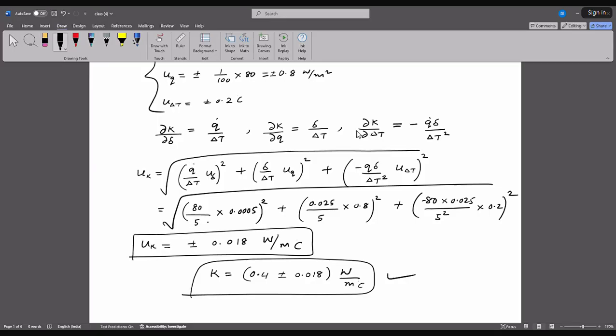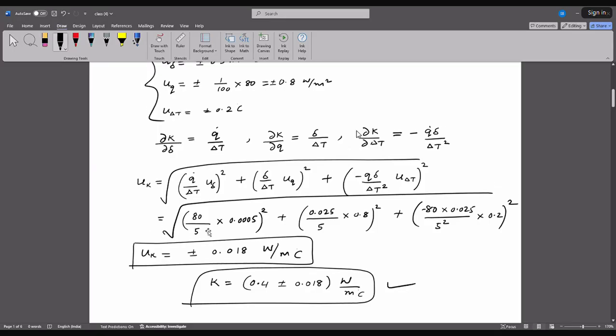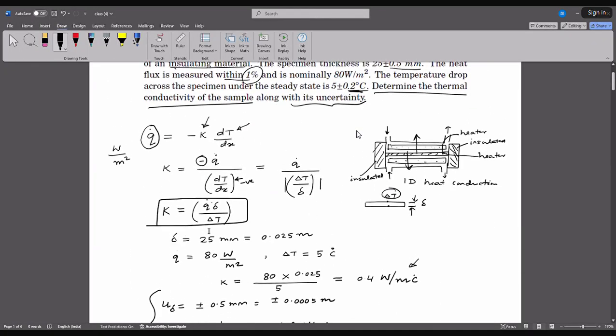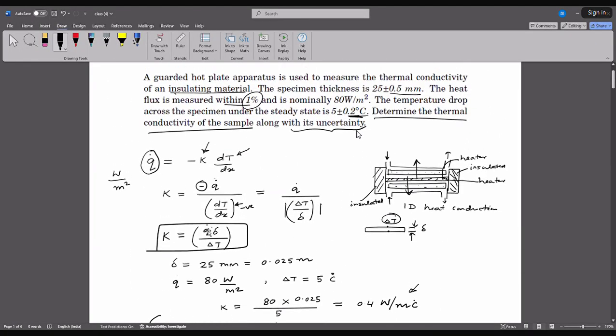In this example, the direction of heat flow will be only axial, right? The direction of heat flux will be through the thickness of the material. This is the material, right? Since the ends are insulated, the heat cannot go in the lateral direction.